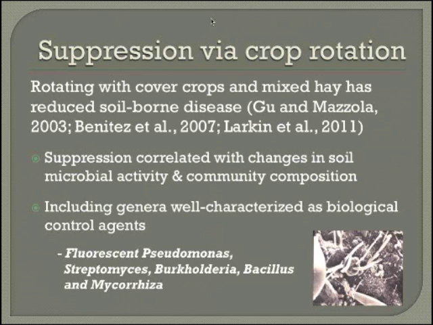And these help suppress plant disease through a number of mechanisms. For one, competing with pathogens for nutrients, or even producing toxic compounds that are antagonistic to some of the pathogens.